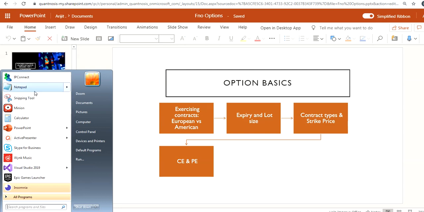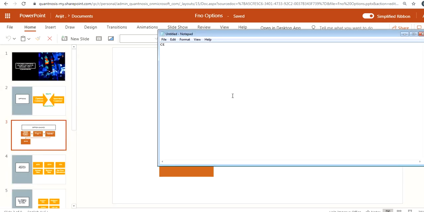So if I just sum it up, C buyers get the right to buy if above the strike price, and P buyers get the right to sell if below the strike price.